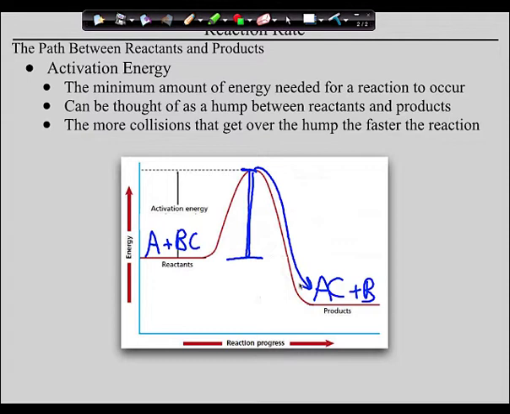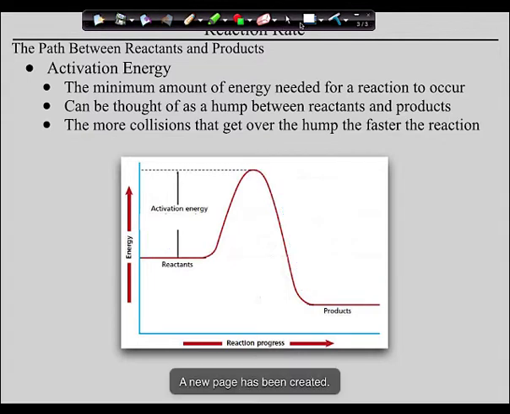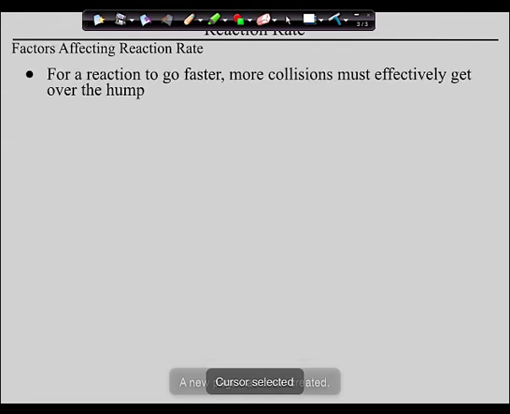Okay, so guys, you may want to be careful taking notes as we move forward because I think you already understand this, but let's try this out. Okay, so here's the idea then, and it's sort of review. Again, if you want to get this in your notes just sort of as a summary, this is the idea. Guys, for a reaction to go faster, we've got to have more reactions that get over the hump.